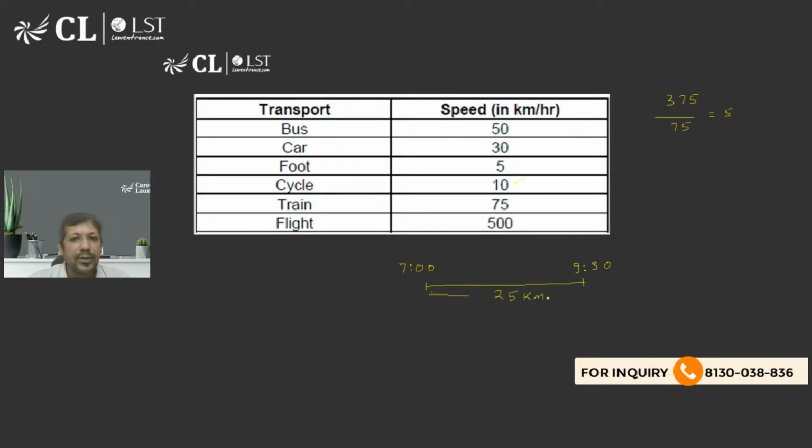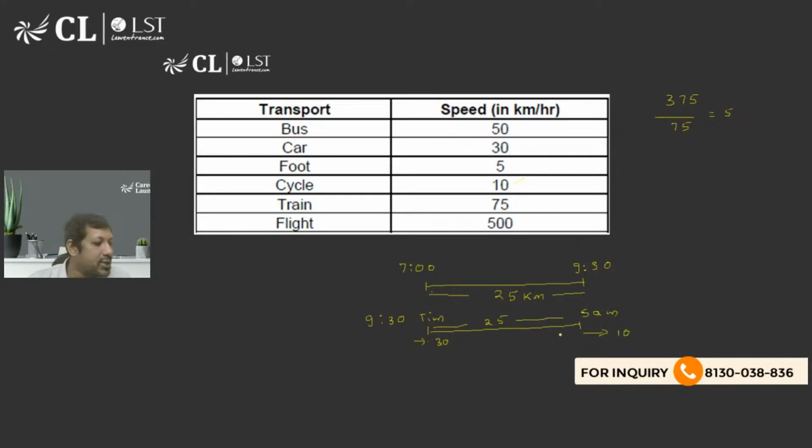So if I look at the scenario at 9:30, what am I going to see? At 9:30, Tim is at the starting point. He is sitting in a car and he is traveling with a speed of 30. Sam is 25 kilometers away from the starting point and he is going on cycle with a speed of 10.